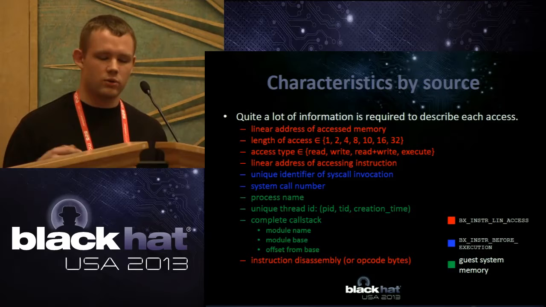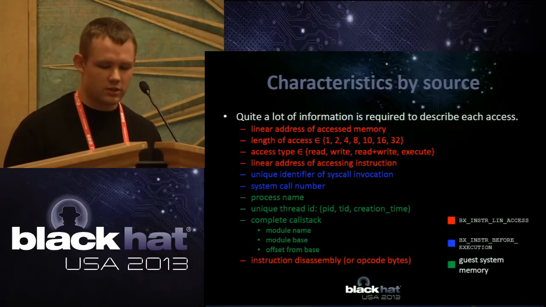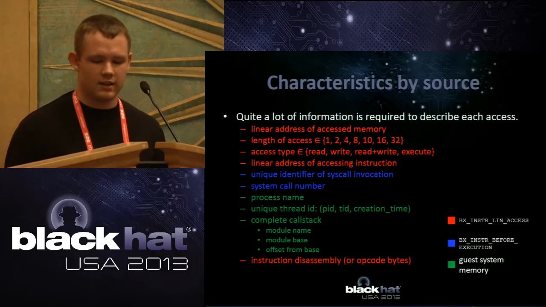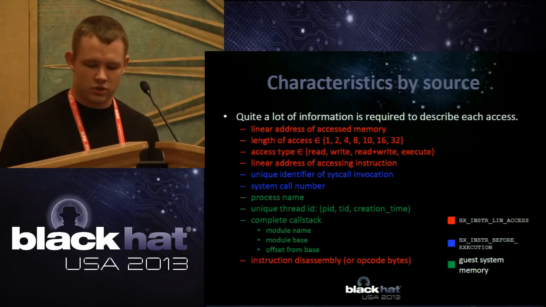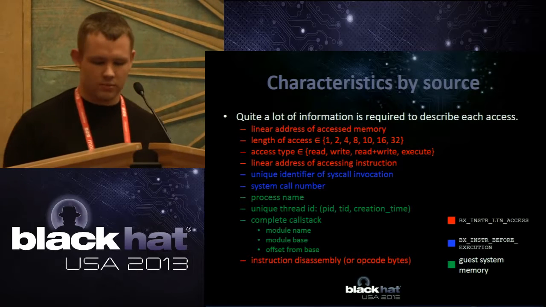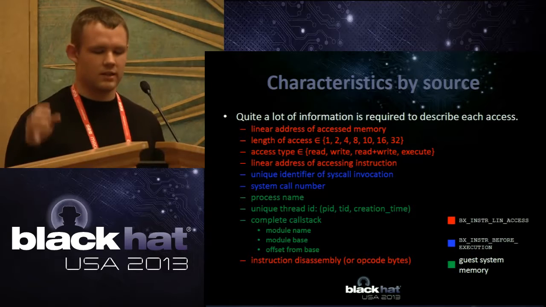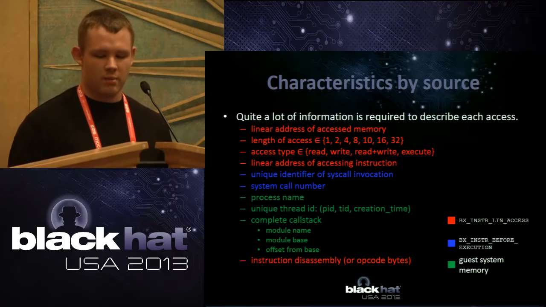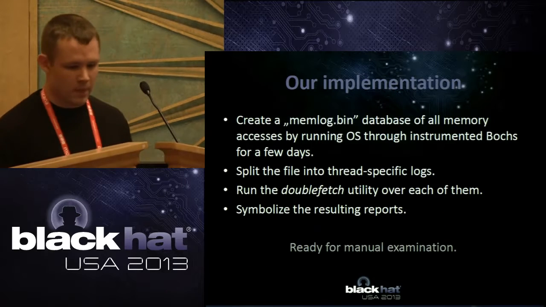We do this by looking for the sysenter instruction or the other instructions that are used to invoke system calls. After we find an instruction like that, we examine the EAX register and find out which system call is being invoked by the user mode program. Then we have the third type, which is the information that is stored within the memory of the operating system that we have to read directly from RAM.